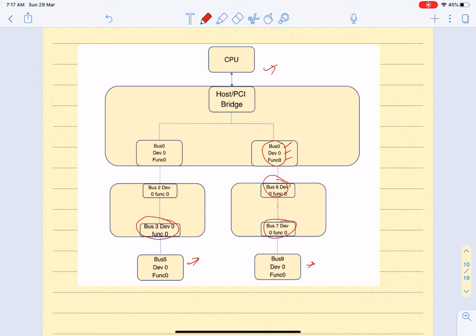Now, the host also read that configuration space of PCI devices and understood, after reading the vendor ID, device ID, class and subclass, which kind of device it is.